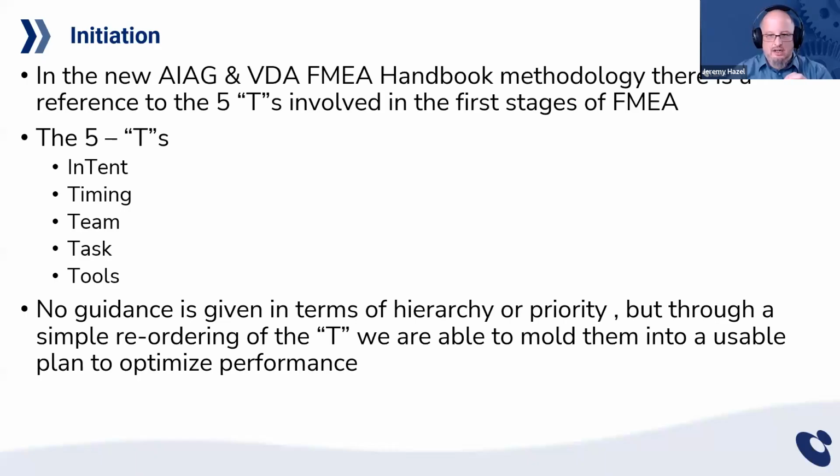And one of the things in that book, begin with the end in mind. Know where you're going. So in intent, the 5 T's are not about how do we put this down on paper somehow. The intent of this statement is, do we know where we are trying to end up? And do we know when we get there?